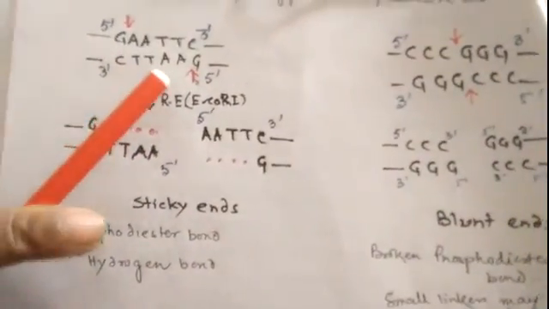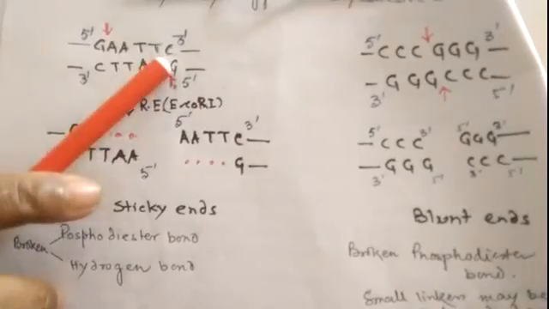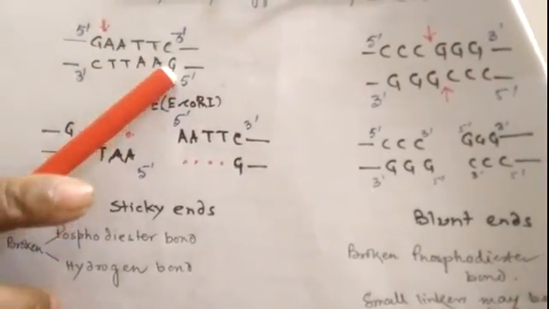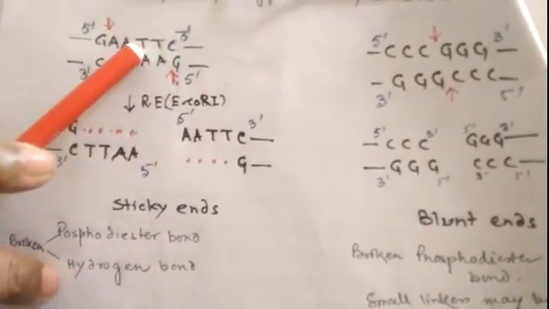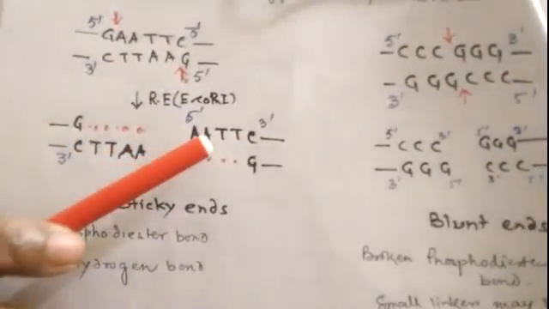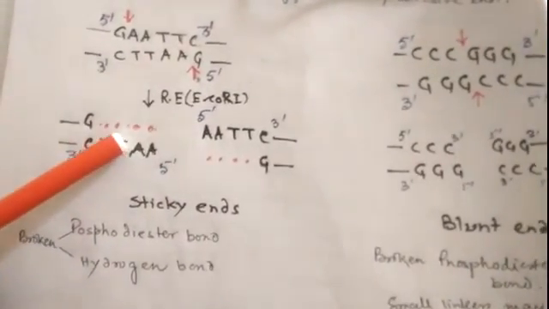So now, what we see, that they are first breaking the phosphodiester bond, clear, in between G and A in both the strands, and then next the hydrogen bonds are being broken down, and finally they are left with 2 sticky ends.